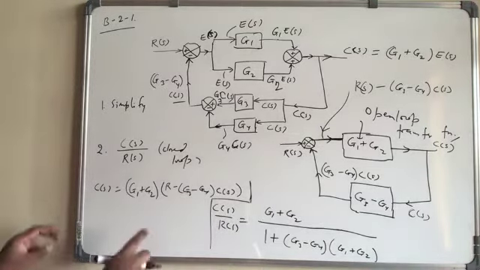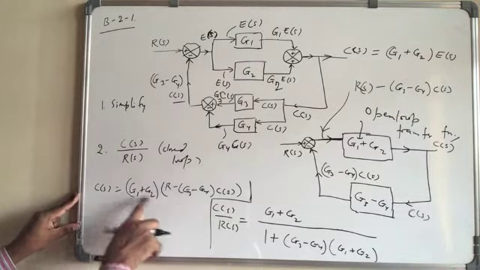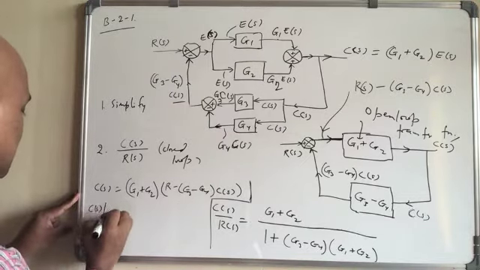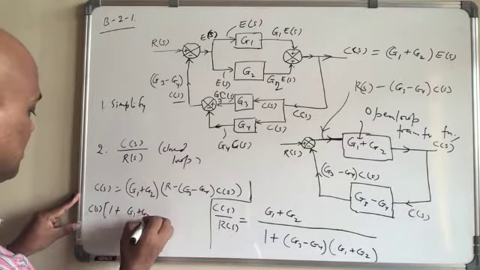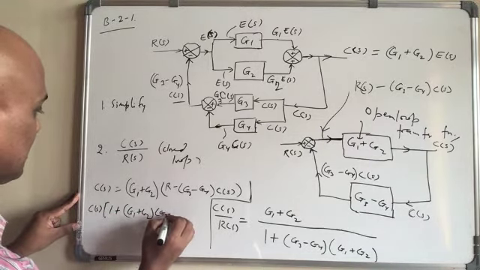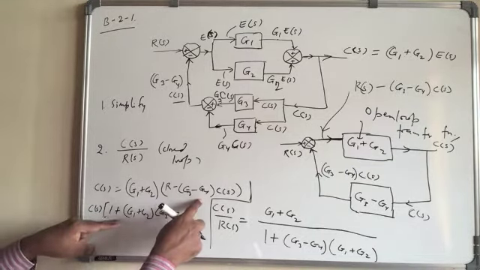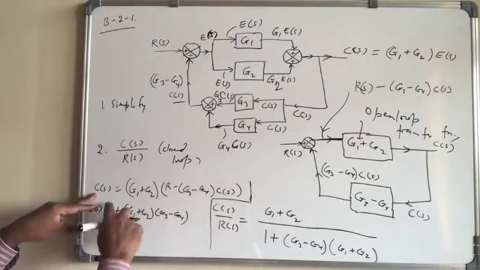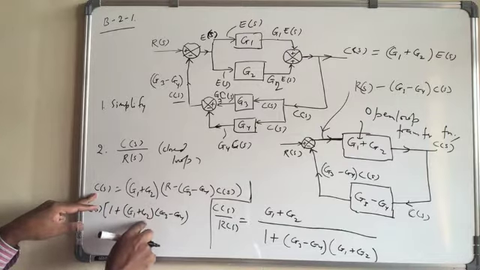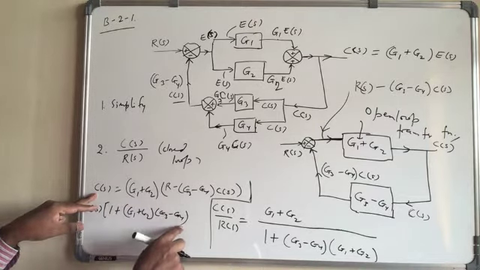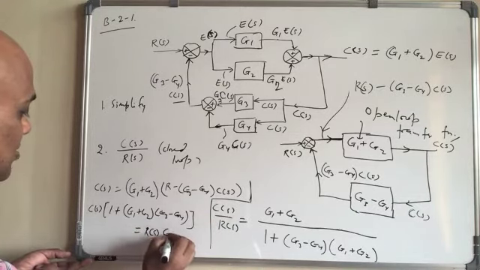Okay. So if you simplify, you will get CS multiplied by 1 plus G1 plus G2 multiplied by G3 minus G4, right? So CS times (1 plus G1 plus G2, G3 minus G4) will be equal to RS times G1 plus G2.